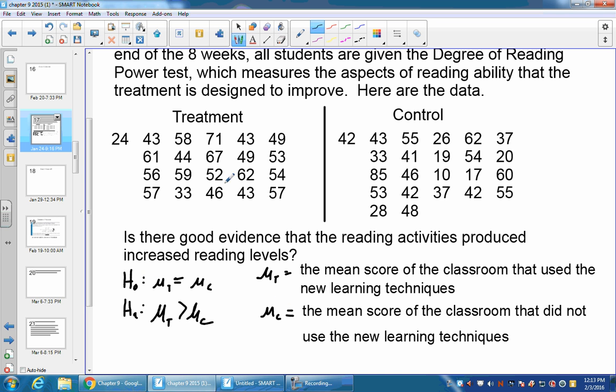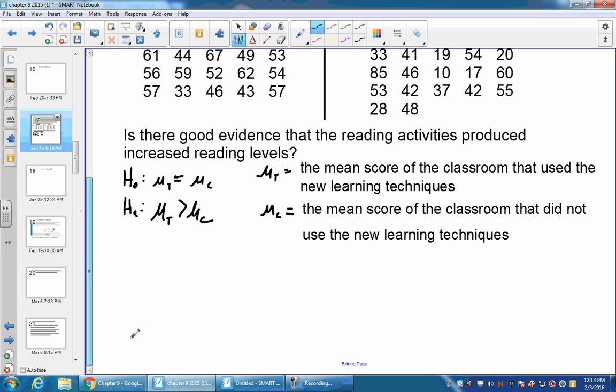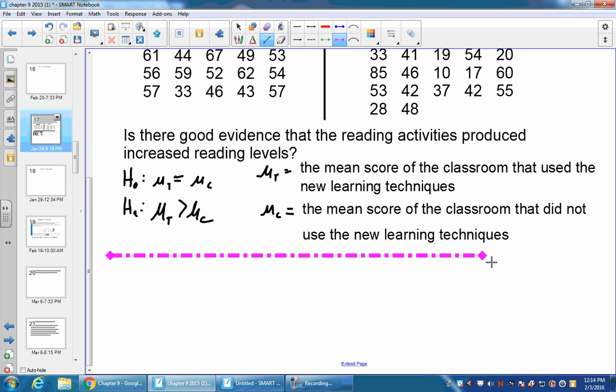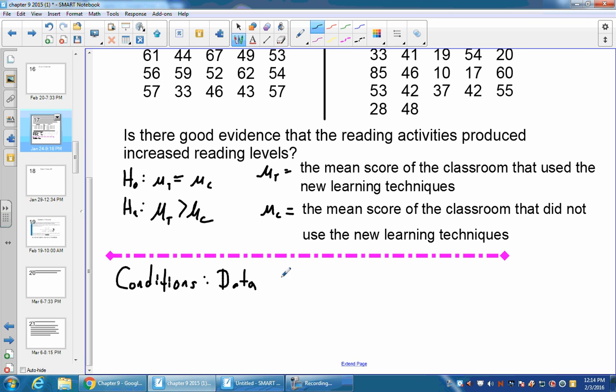Now we go and look at our conditions. So for our conditions, does the data come from a random sample? Data does not come from a random sample.